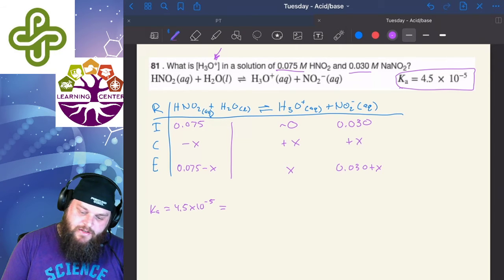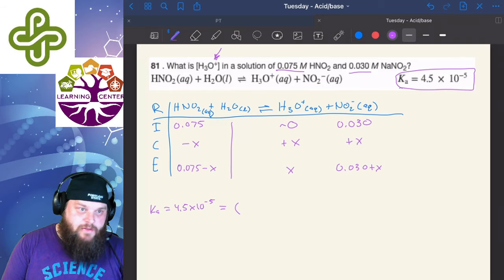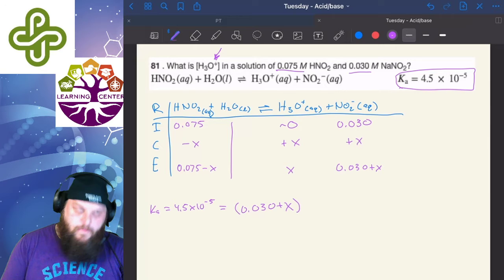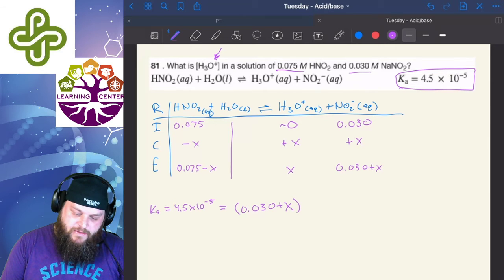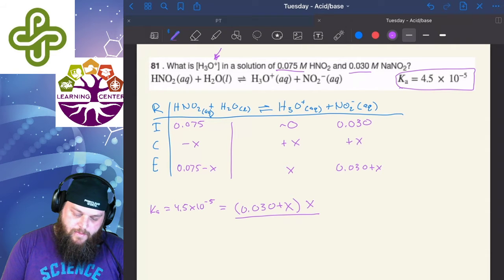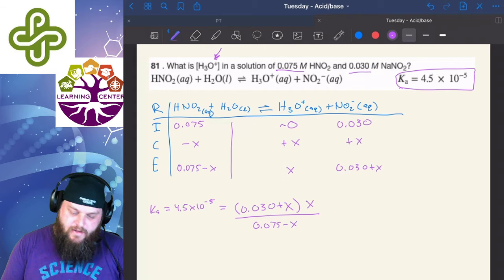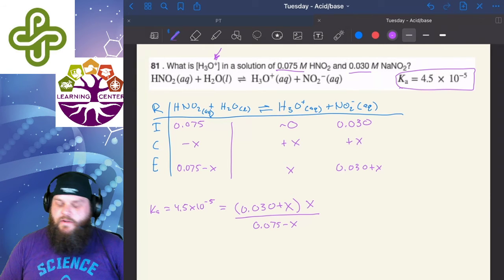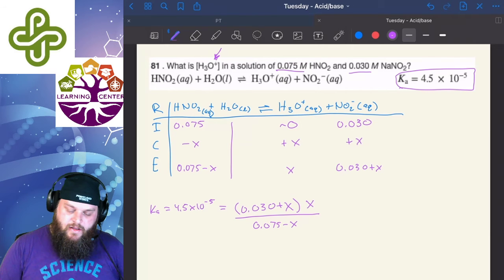It's the concentration of NO2 minus, so that's going to be 0.030 plus x. And we're going to multiply that by the concentration of hydronium, which is just x, divided by 0.075 minus x. So it's the concentration of our products divided by our concentration of our reactants. That's always going to be your equilibrium constant. And now we just have to solve for x.